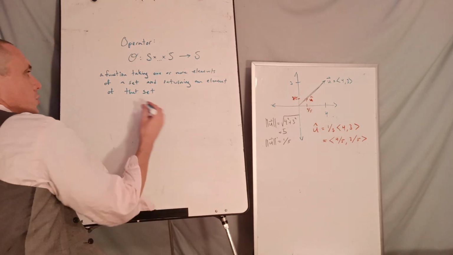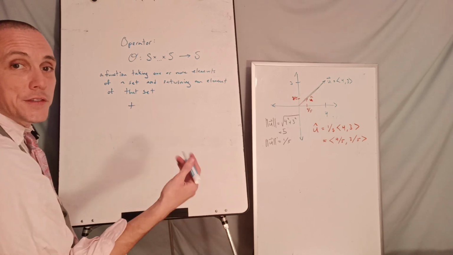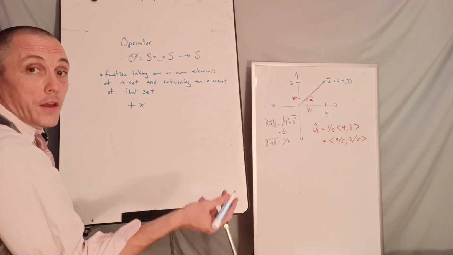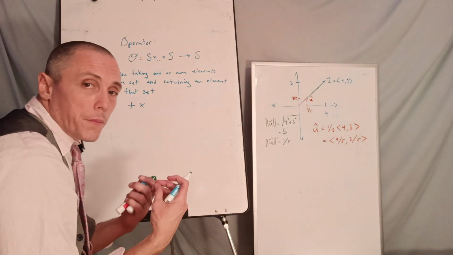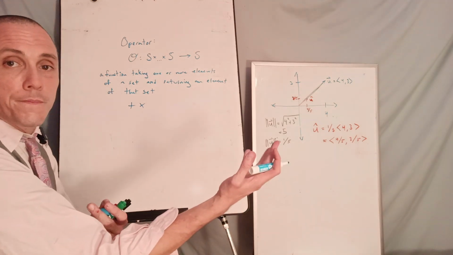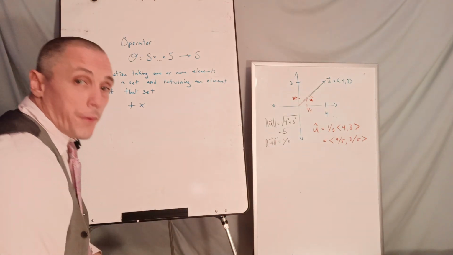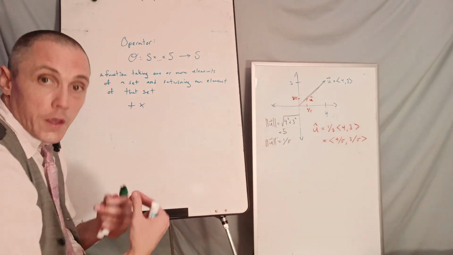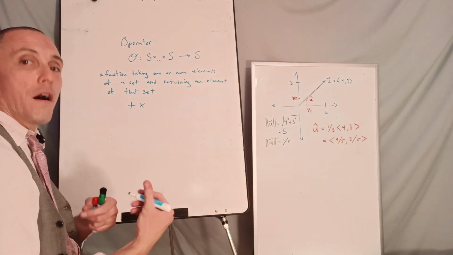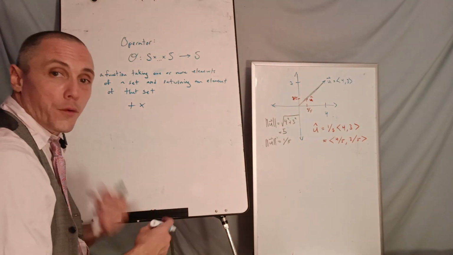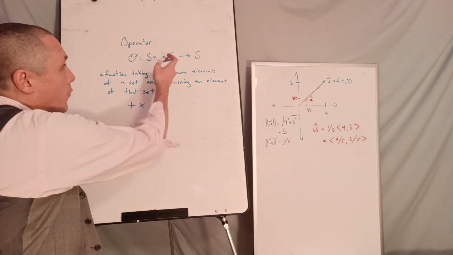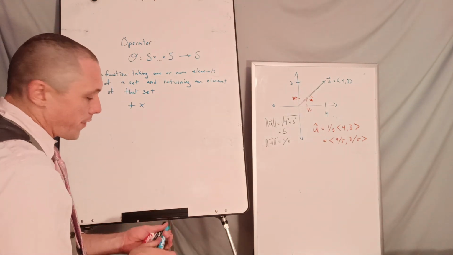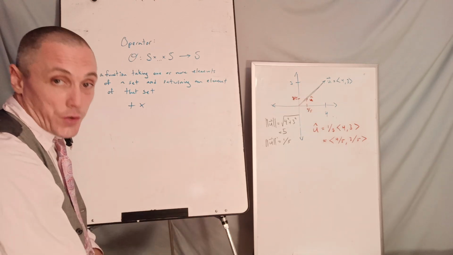So operators you might be familiar with, addition as a numerical operator or multiplication as an operator. What do these things do? They take in two numbers and they give you a third number. So when I say a vector operator, I mean something that takes in a vector or two vectors or more vectors and gives you back a vector of that kind or something in the original set, which in our case is a vector space. A function, on the other hand, doesn't have those restrictions.